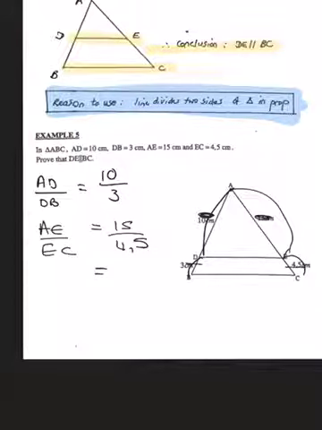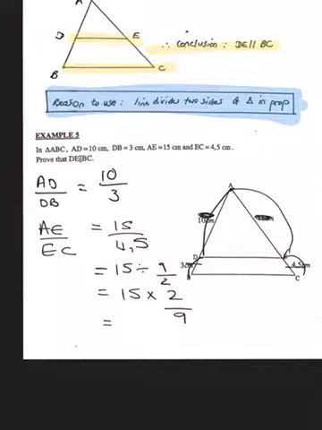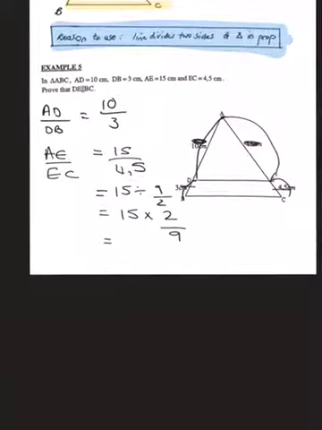And if you simplify this 15 to 4.5, it's the same as saying 15 divided by 9 over 2, which is the same as 15 times 2 over 9. And in this case, we can simplify, and it does end up getting you 30 over 9, which dividing by 3 is 10 over 3.